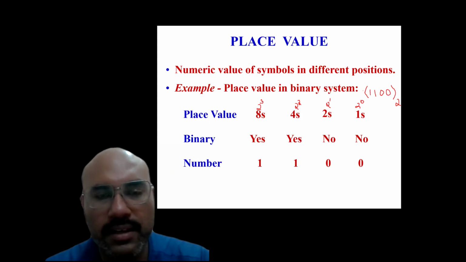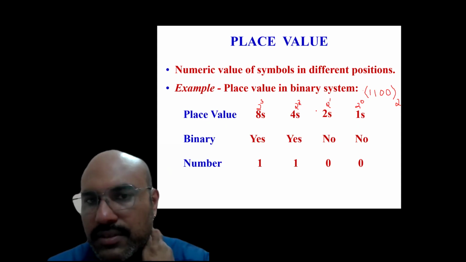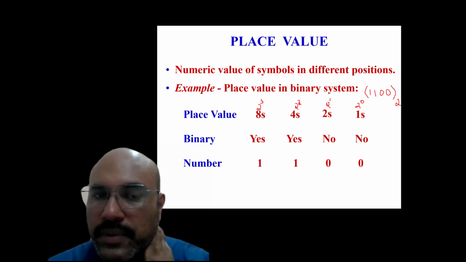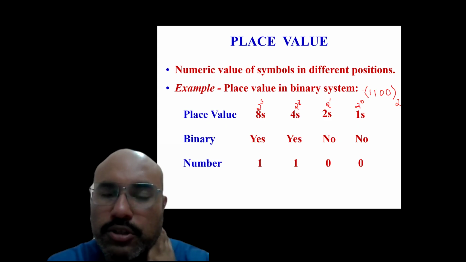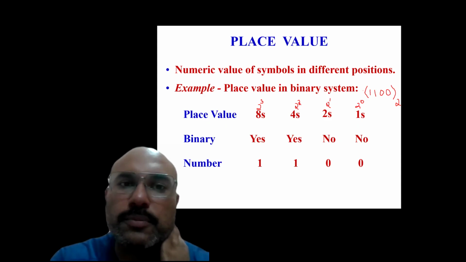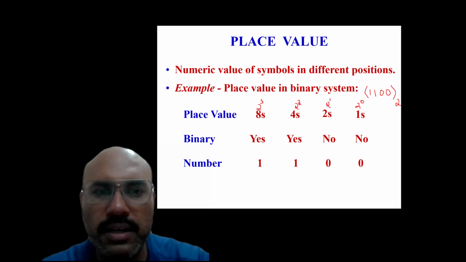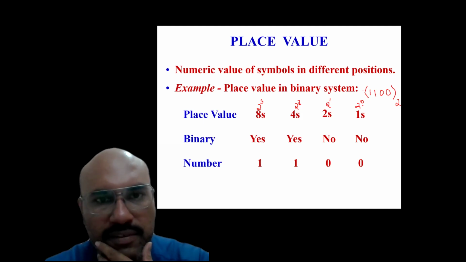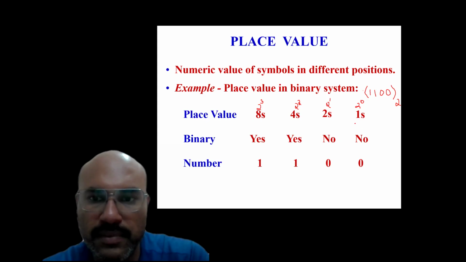In decimal we use powers of 10. So 10 to the power 0 becomes ones, 10 to the power 1 becomes tens, 10 to the power 2 becomes hundreds, and 10 to the power 3 becomes thousands place value. Similarly, we use the same concept in the binary number system as well.